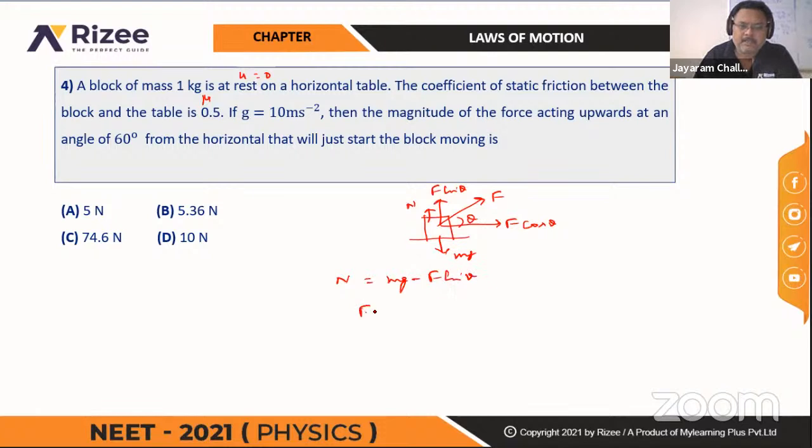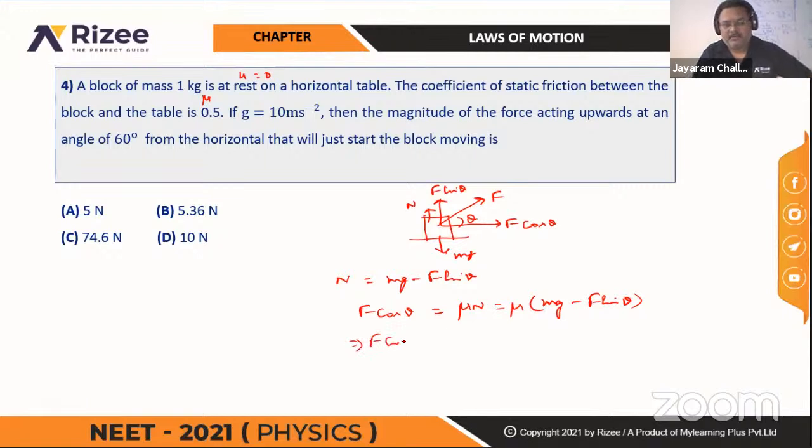For the minimum condition, the applied force, that is F cos theta, should be equal to mu into N, or mu into mg minus F sine theta. So from here, F cos theta is equal to mu mg minus mu into F into sine theta.